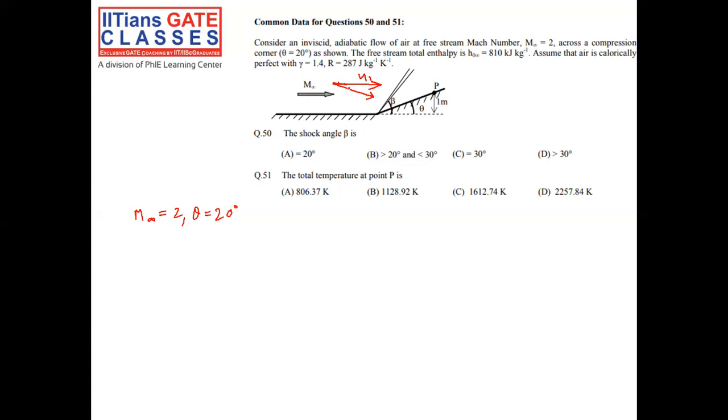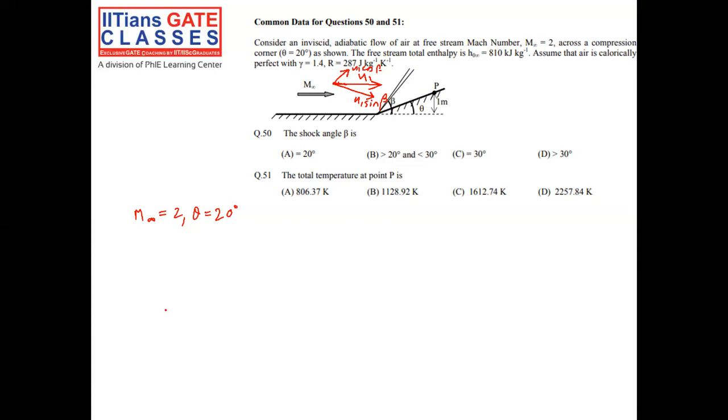One is U1 sine beta, which is perpendicular to this oblique shock wave, and another one is U1 cos beta, which is parallel to the oblique shock wave. So this is U1 sine beta, and this is U1 cos beta.